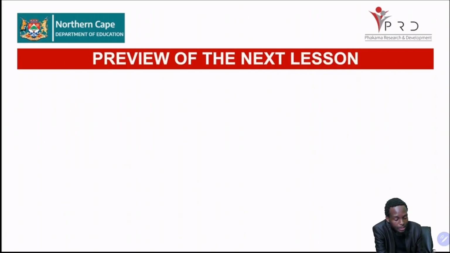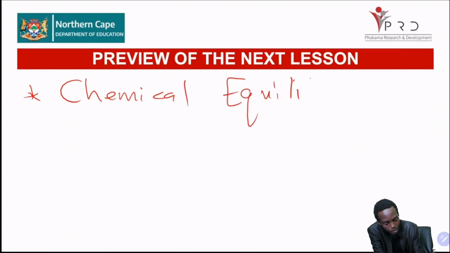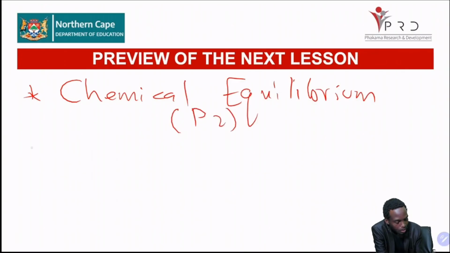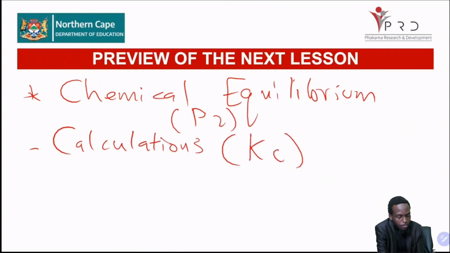So in the next lesson, we are going to be covering chemical equilibrium, which is paper 2. Chemical equilibrium, we are going to look at calculations. So calculations will include KC calculations, of course.